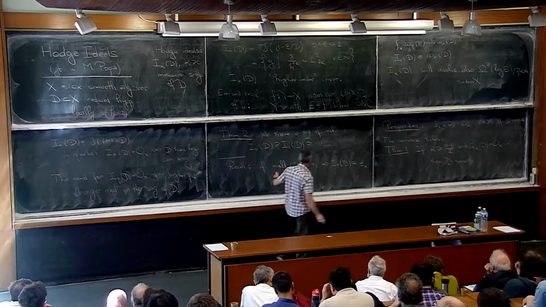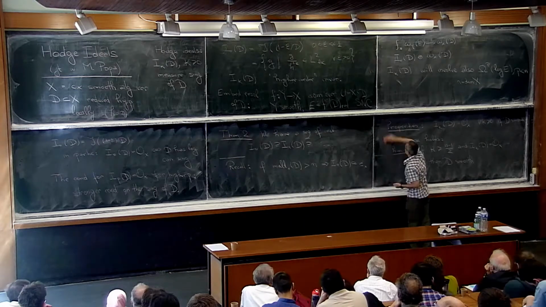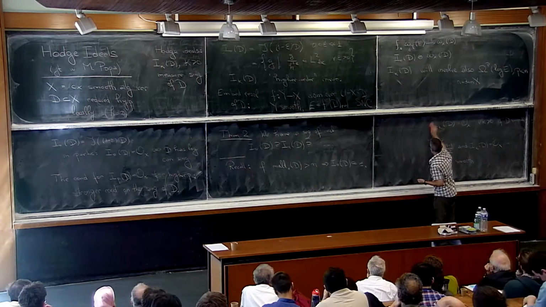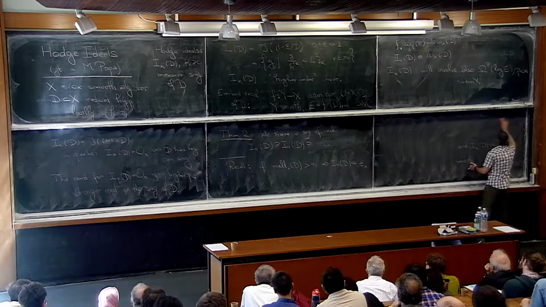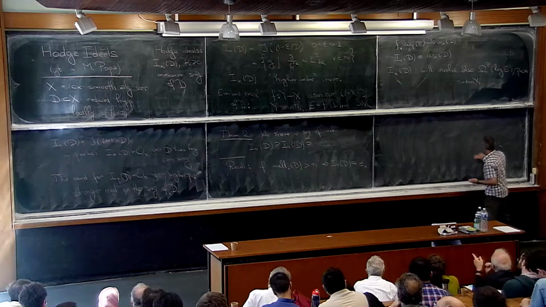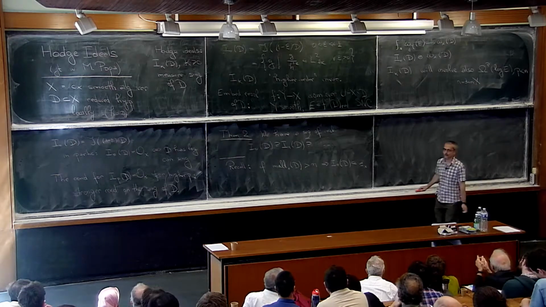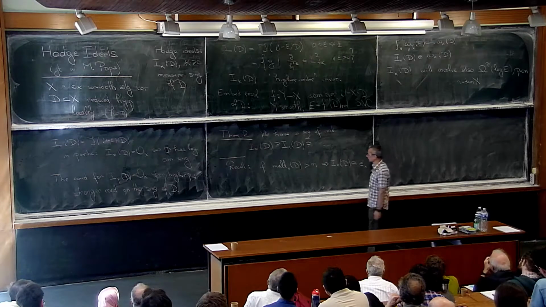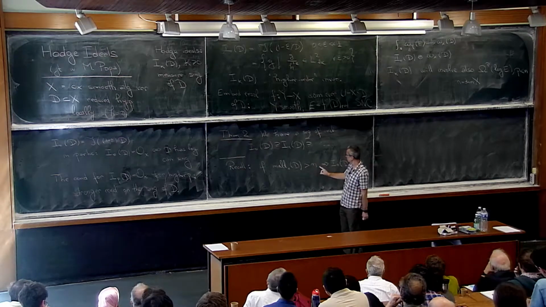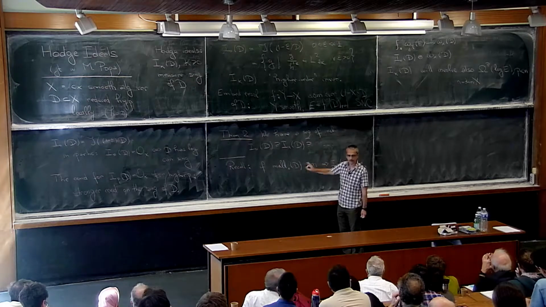So what's the analog in this setting? Sorry? Do you need it to be strict? Well, the strictness is because I always take (1 minus epsilon) times D. That's why.